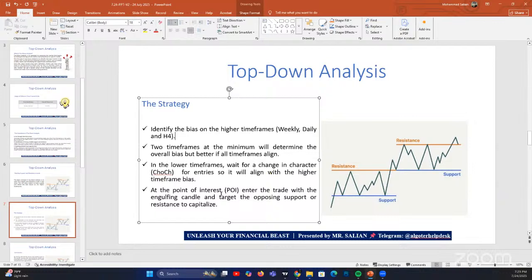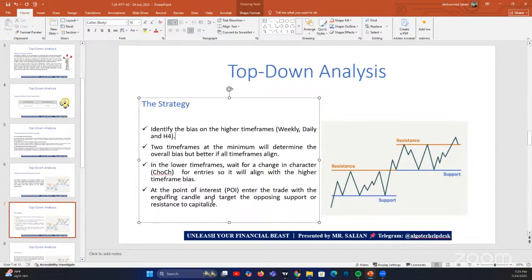If you watch all our past webinars, there is always a pullback somewhere. That's the idea, because it has to make a change of character to give you the idea that the trend has changed. It will go either up or down. Then it will go to the POI, and from there you will enter.